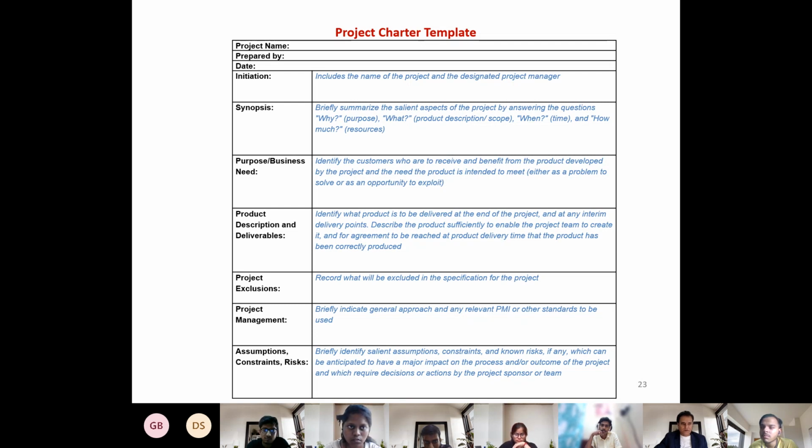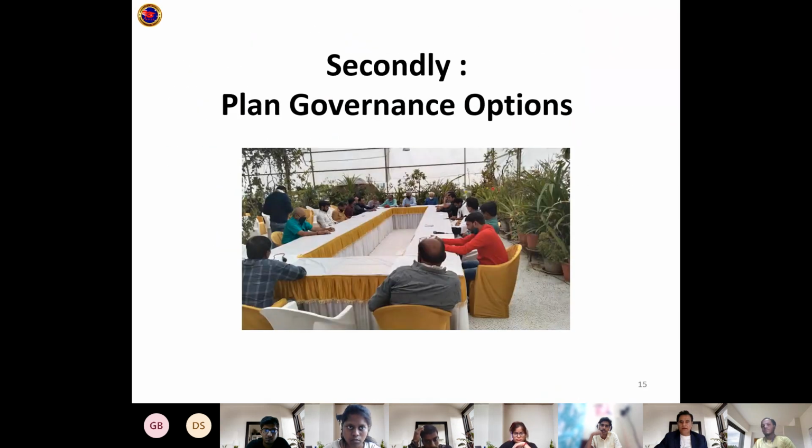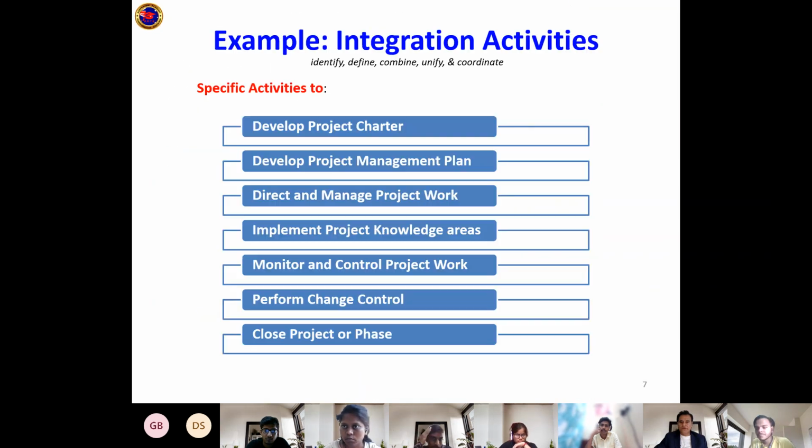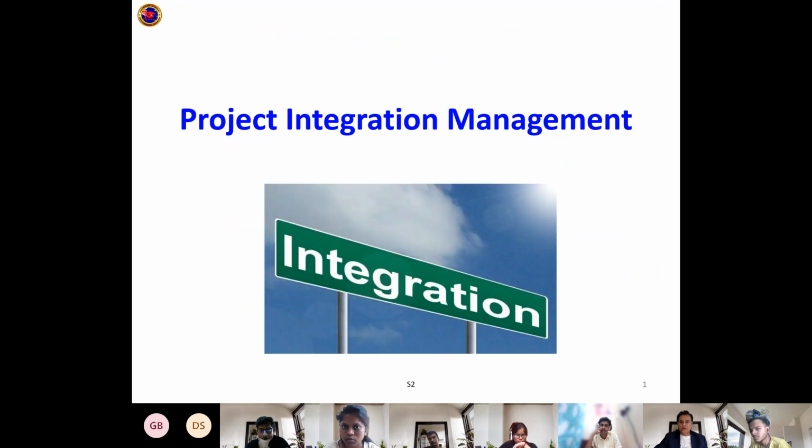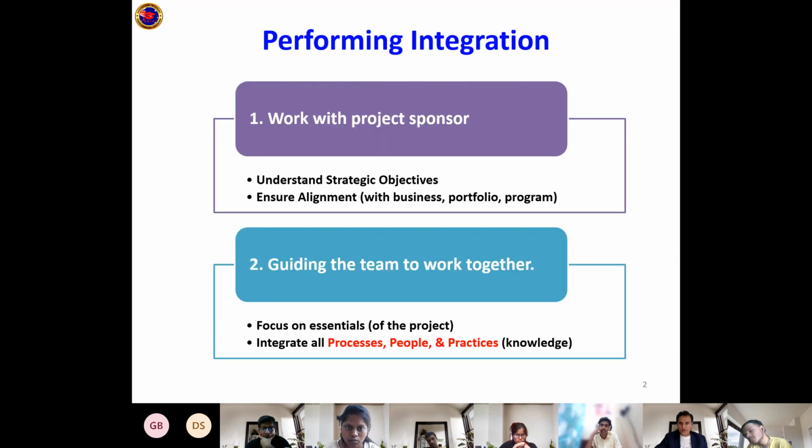If you remember our slides, right at the beginning you are engaging with the sponsor. And I mentioned when you do the integration, you have two roles. One role is to engage with the sponsor, and there your engagement is to align with the strategic objective and the business or portfolio objectives. Okay, so that will come here.